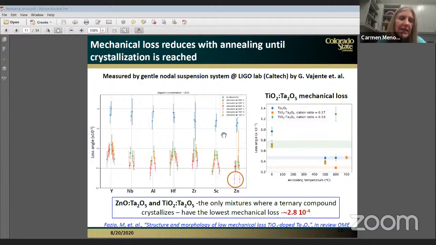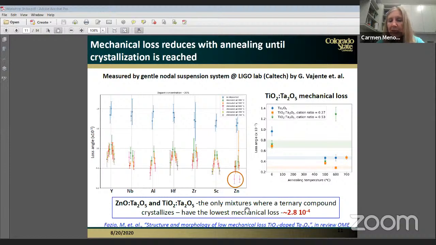And so what you see here is loss angle, which is inversely proportional to mechanical loss, for all the different alloys that we deposited. And what these results showed is that actually, when we add zinc, we can get a mechanical loss that is comparable to titanium.